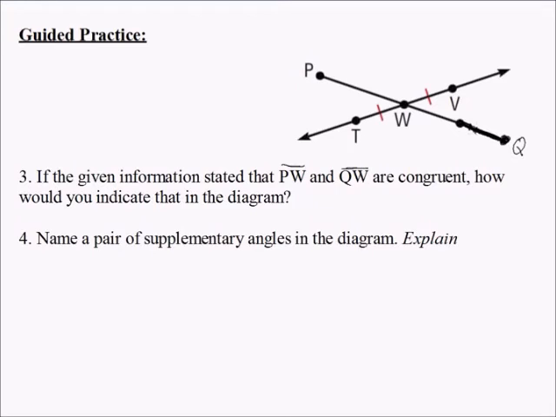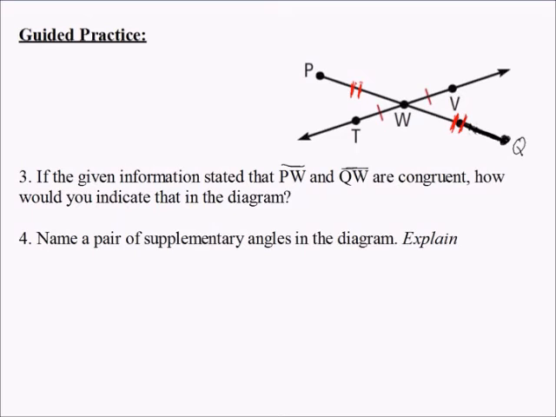PW and QW, we can't use 1 dash line, but we can use 2 dash lines. So here's 2 dash lines, and here are 2 dash lines. Since we already used 1, we can't use the 1s anymore, so we have to use 2.